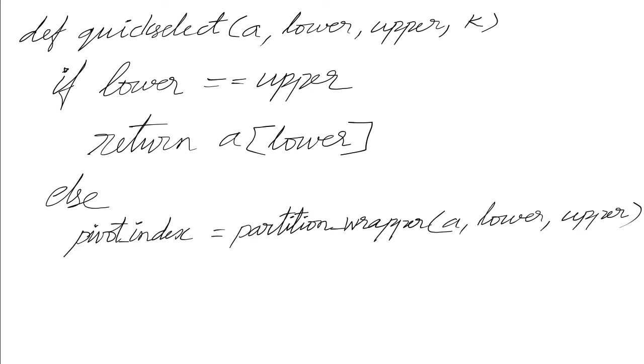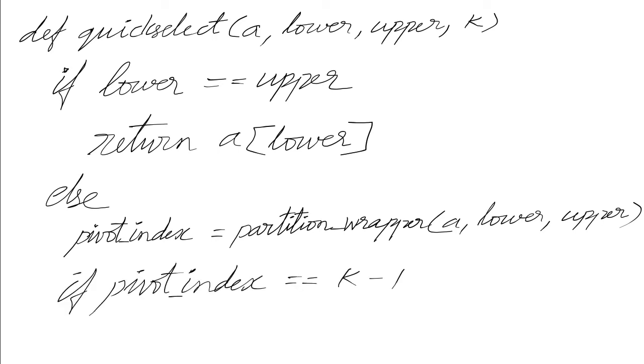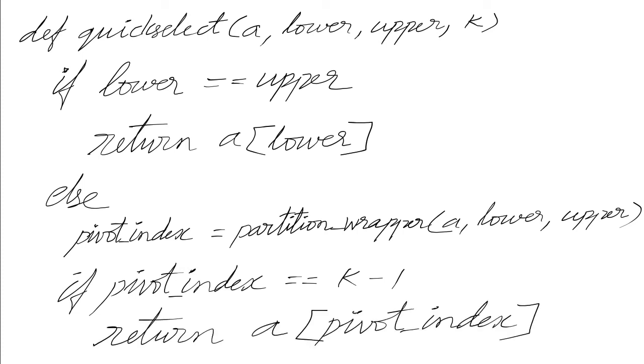Otherwise, we call the partition wrapper that takes the list and the lower and upper indices and returns a pivot index. If the pivot index is the same as k minus 1, we return the element at that pivot index. This is another base case.